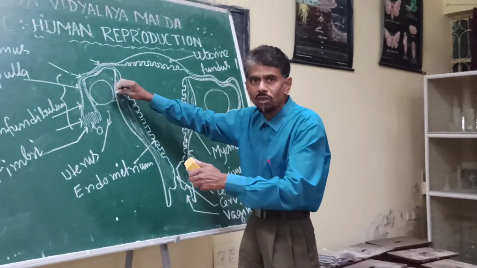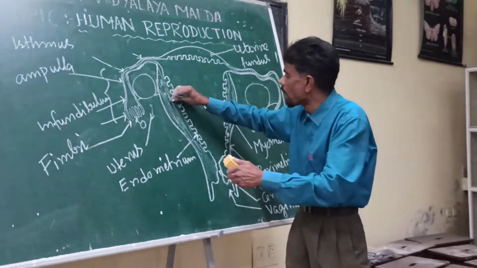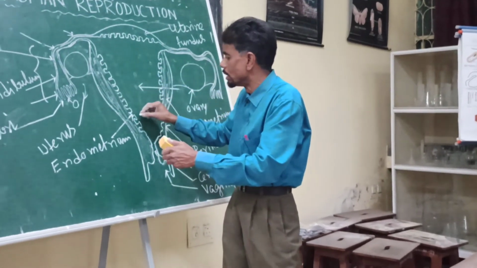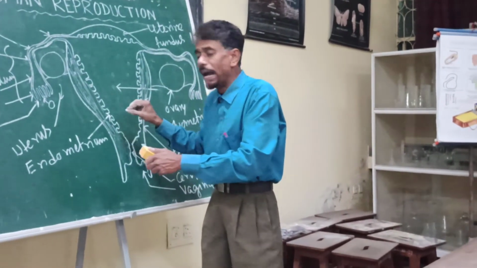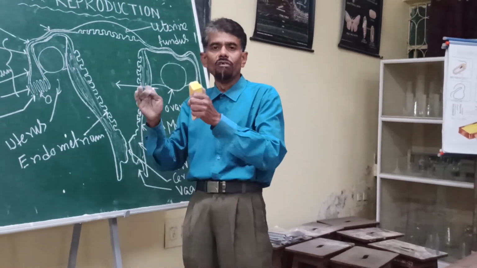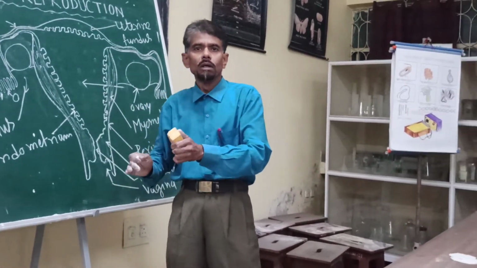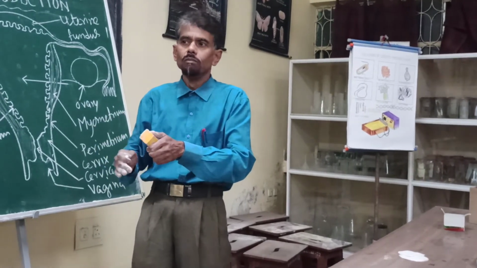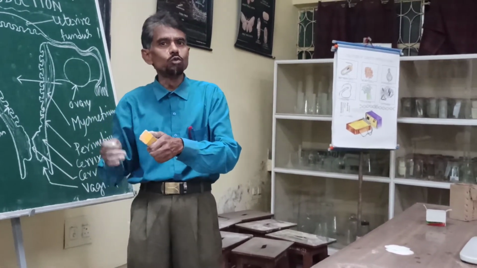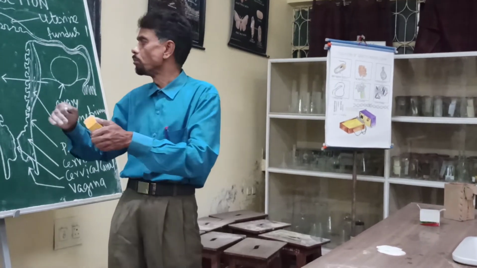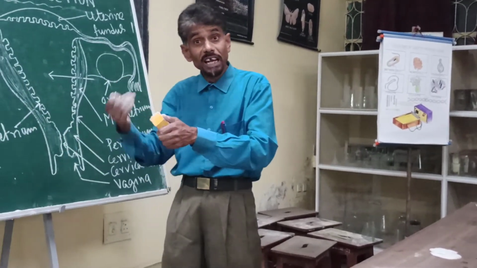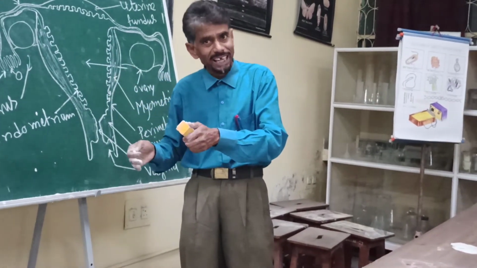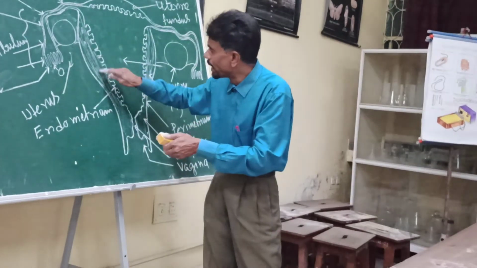The uterus has three layers in its muscular wall. The innermost one is called the endometrium, which is very important during the menstrual cycle. Phase-wise, the endometrial wall is removed from the uterus, facilitating implantation of the newly arriving zygote.